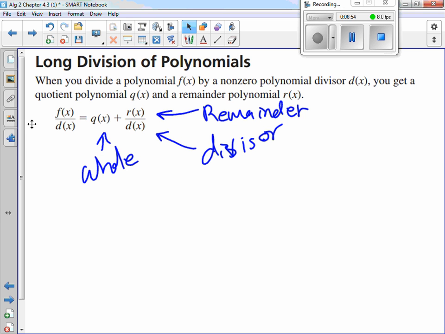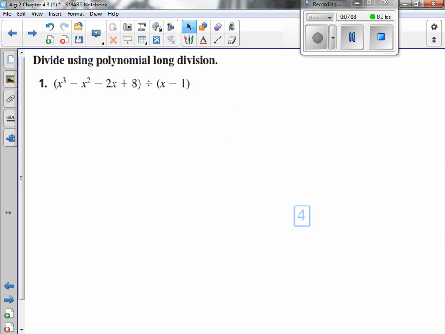So just like what we did with dividing by 13, we had the whole number that came out evenly, and then our 3 over 13. That's our remainder. And it's going to work out almost the exact same.